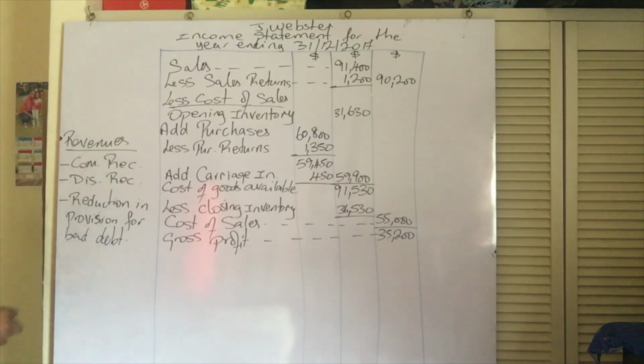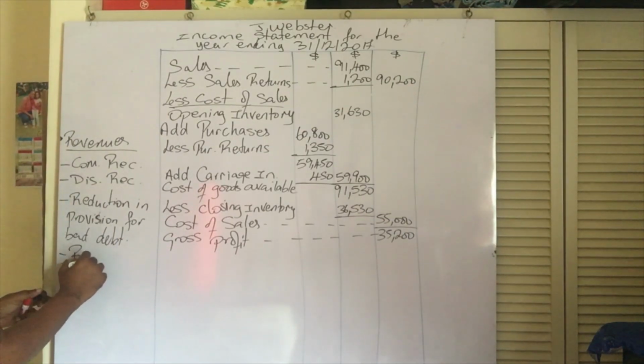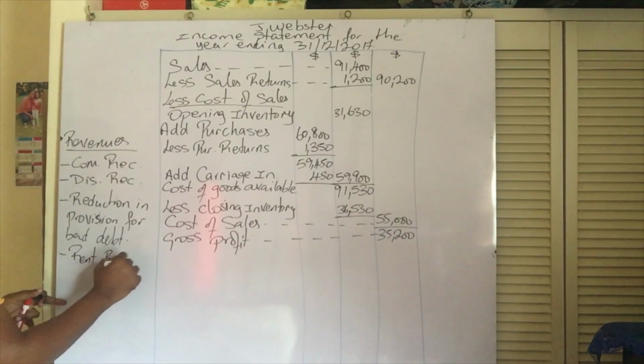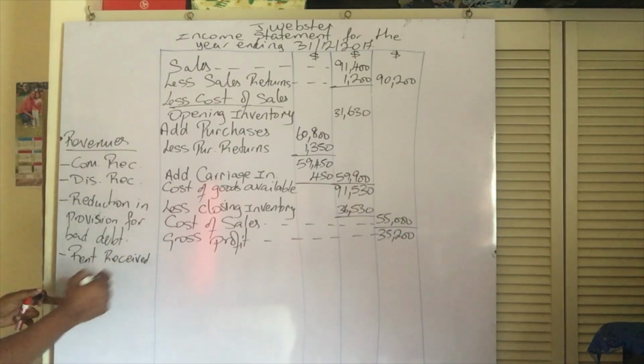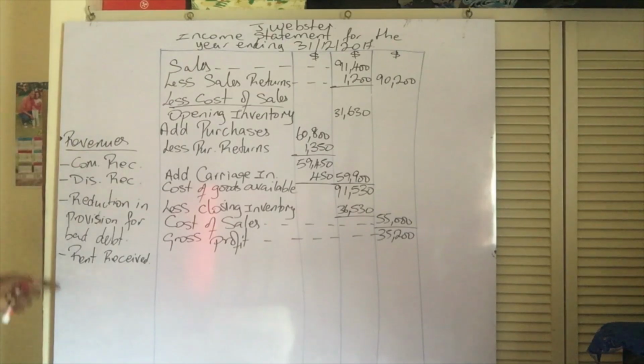These are the common revenues. Sometimes they will have rent received too, right? That is also a revenue that you would need to add to gross profit if given. But I hardly see the rent received one, but I normally see the commission received, discount received, and the reduction in provision for bad debt, right?